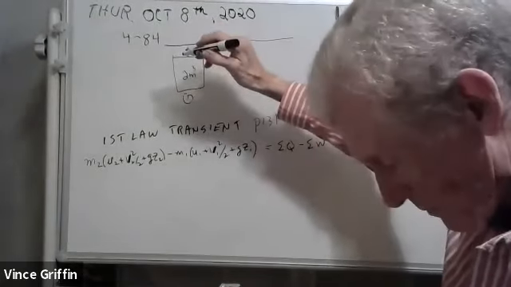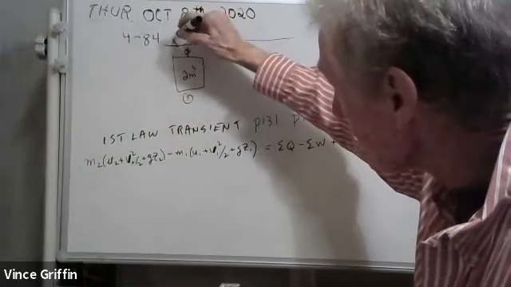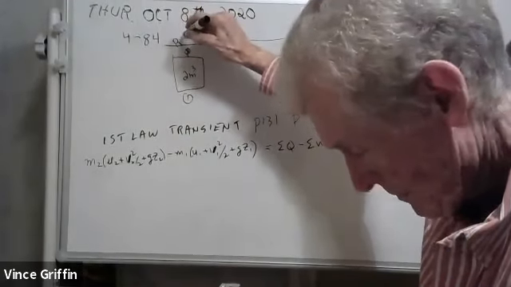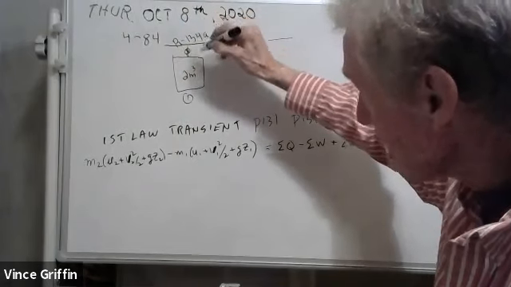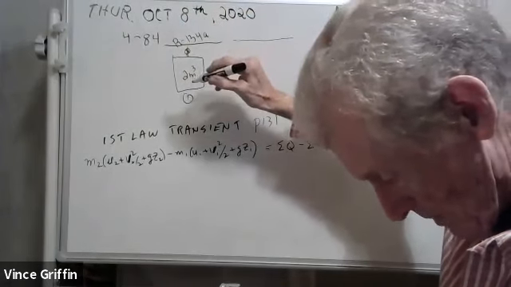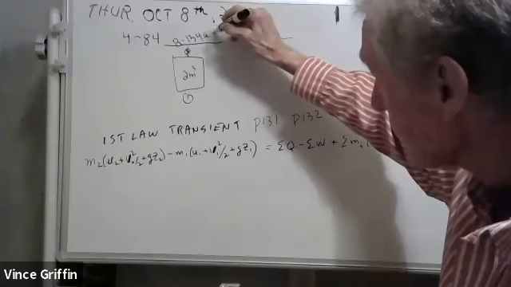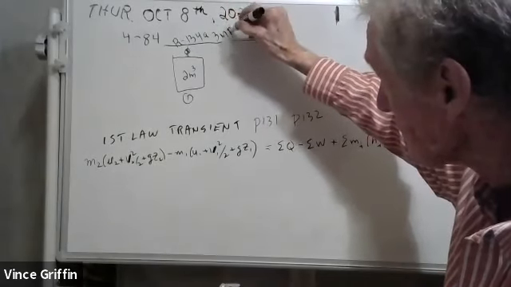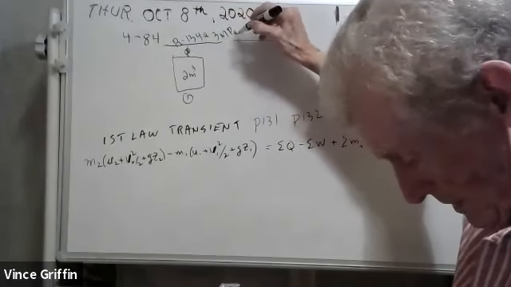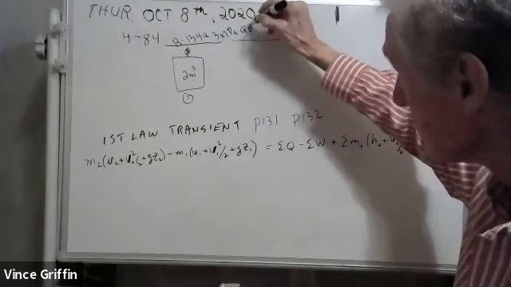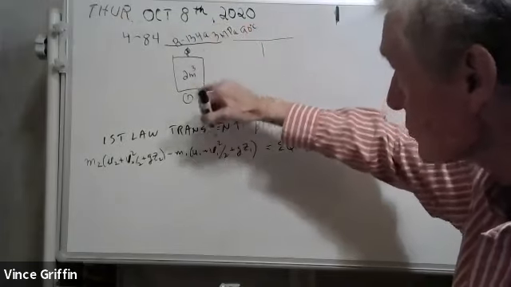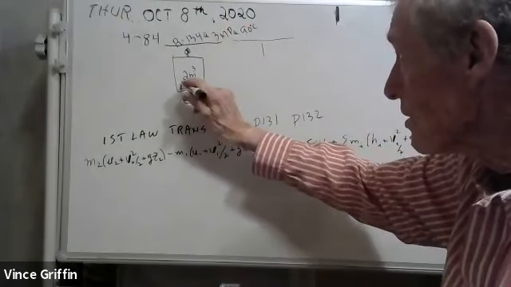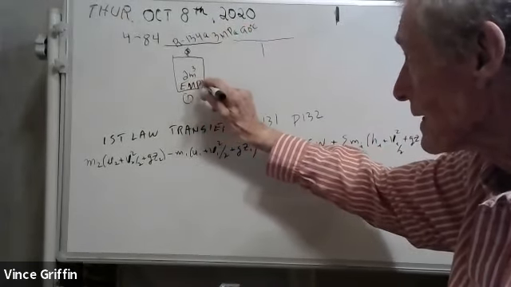The line has R134A in it, at 3 megapascals, 90 degrees Celsius. And there's a valve here. This starts off empty.